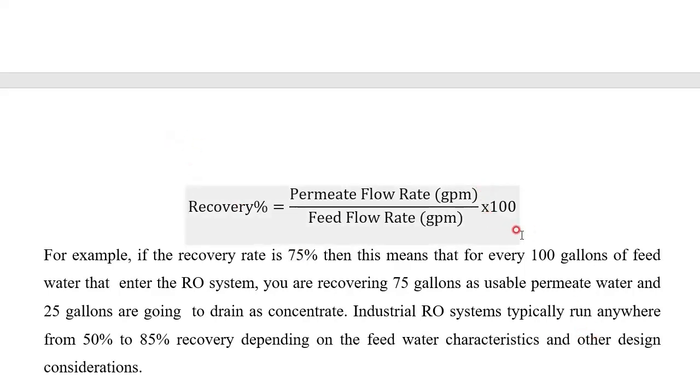To understand it very easily, if we are given 100 gallons of feed water in the RO system, we are recovering 75 gallons as usable water, that is permeate. The technical term for that water is permeate. And 25 gallons is going as concentrate, that is waste. Concentrate is the technical term for waste or the bad water.